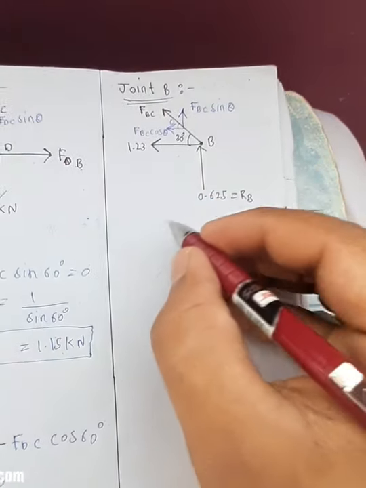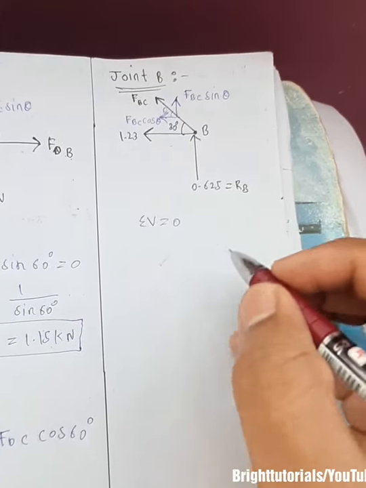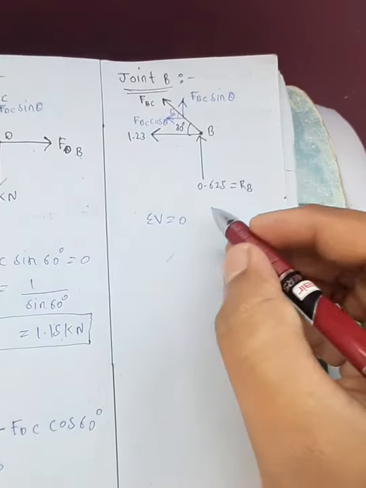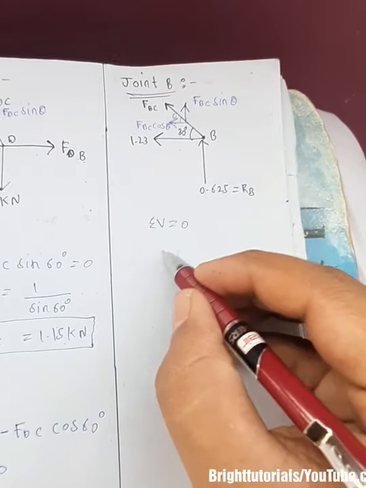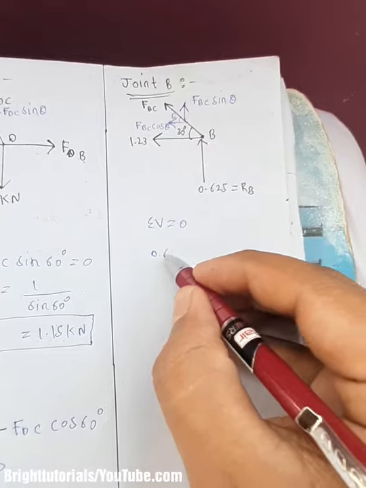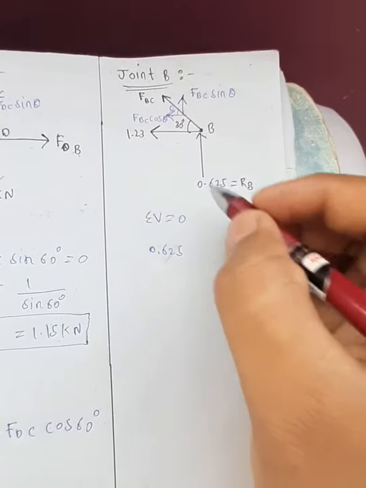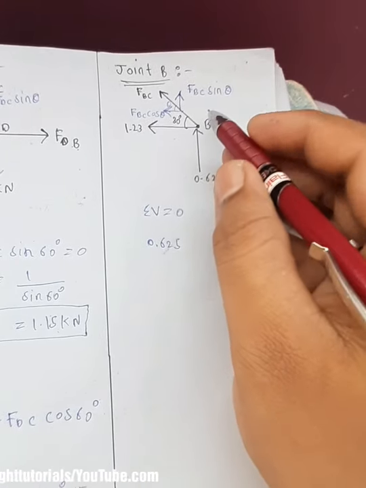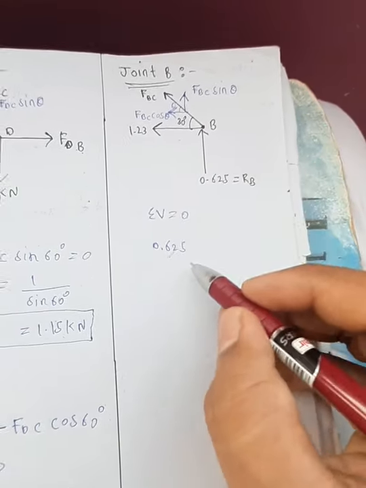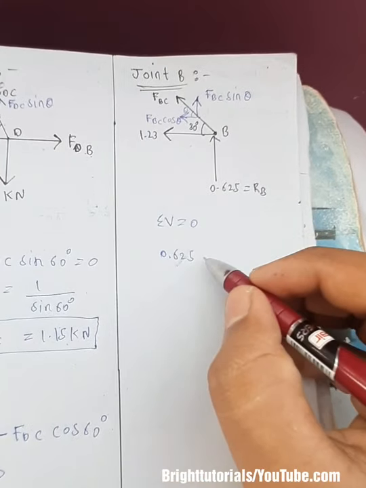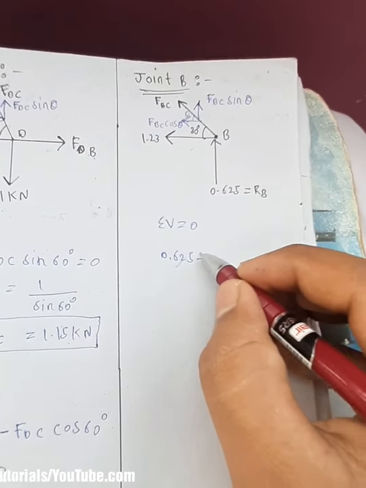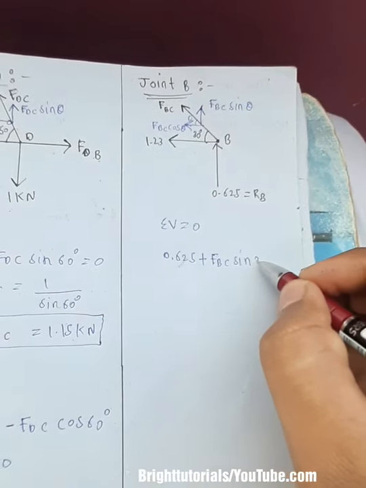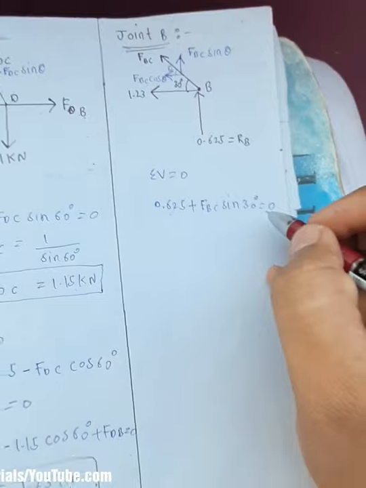By doing the summation of V equals to 0, we can find the force FBC. Now the vertical force 0.625 is moving towards upward, so we take it as positive. Then another vertical force FBC sine theta is also moving upward, so plus FBC sine 30 degrees equals to 0.